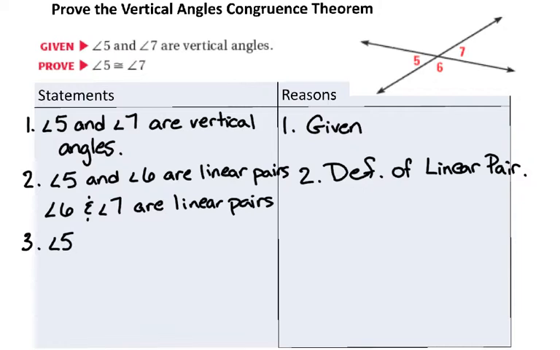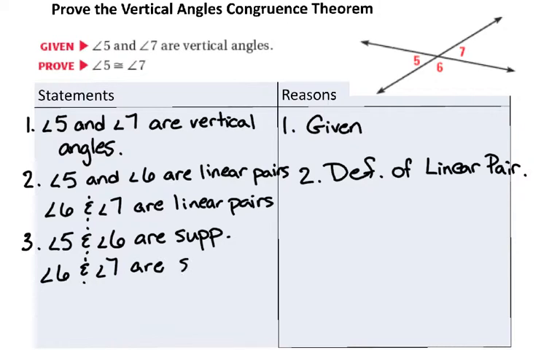So angle 5 and angle 6 are supplementary, and then angle 6 and angle 7 are supplementary. Some of you might know where I'm going with this. So I stated that this is the linear pair postulate.